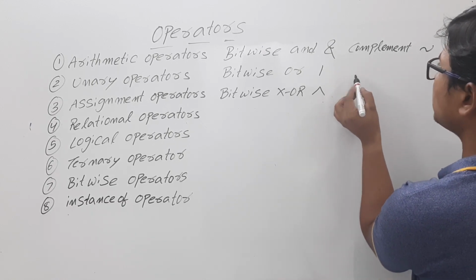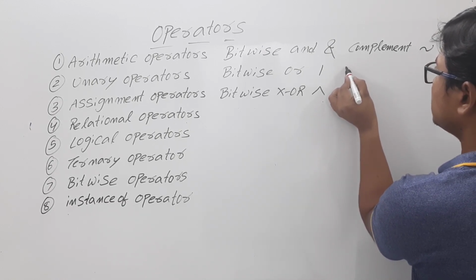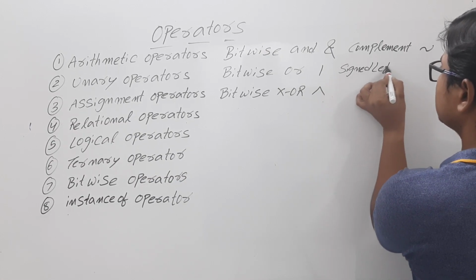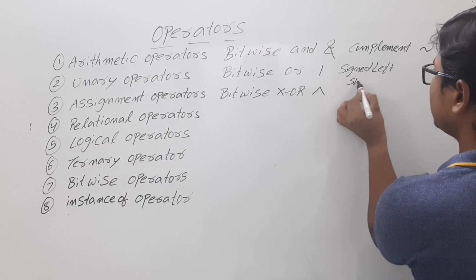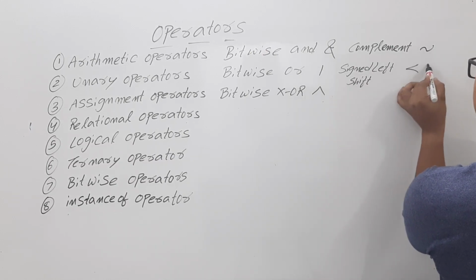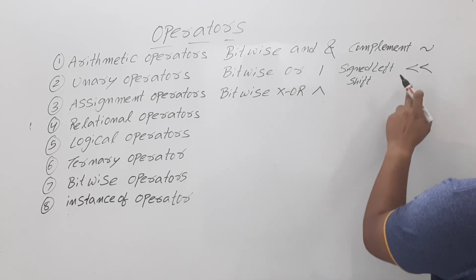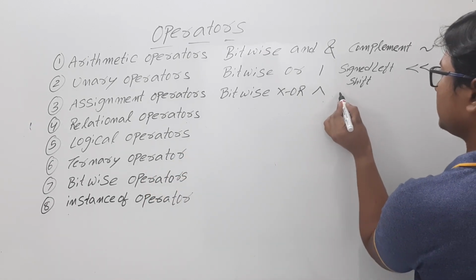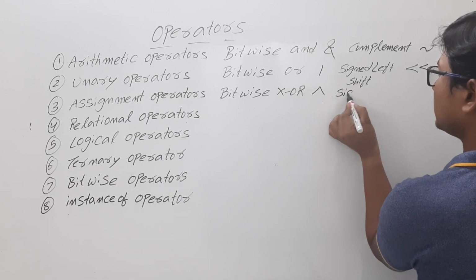And then we have the shift operations such as signed left shift, or we can say left shift. Signed left shift, we will use the symbol like this. This is the left shift. You are shifting towards the left side. Okay, and then signed right shift.